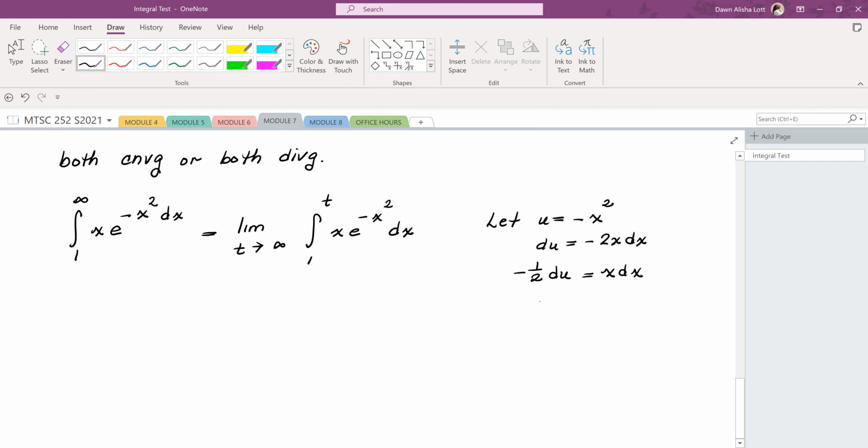And when x is equal to 1, u is equal to minus 1. And when x is equal to t, u is equal to minus t squared.